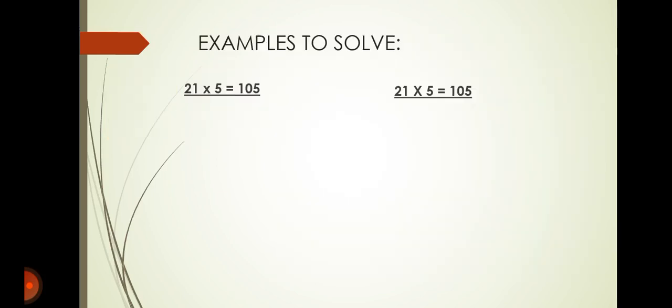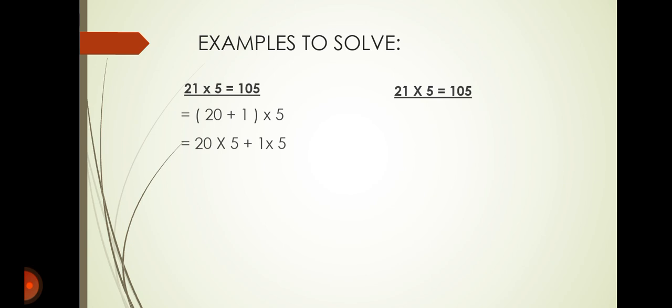So over here we have a sum of 21 times 5, which is 105. But what if we don't know the proper multiplication and we don't add the carry forwards and all those things? So the simple way to solve is we split the number 21 into two parts, that is 20 and 1. So now it is easy. We do 20 times 5 plus 1 times 5.